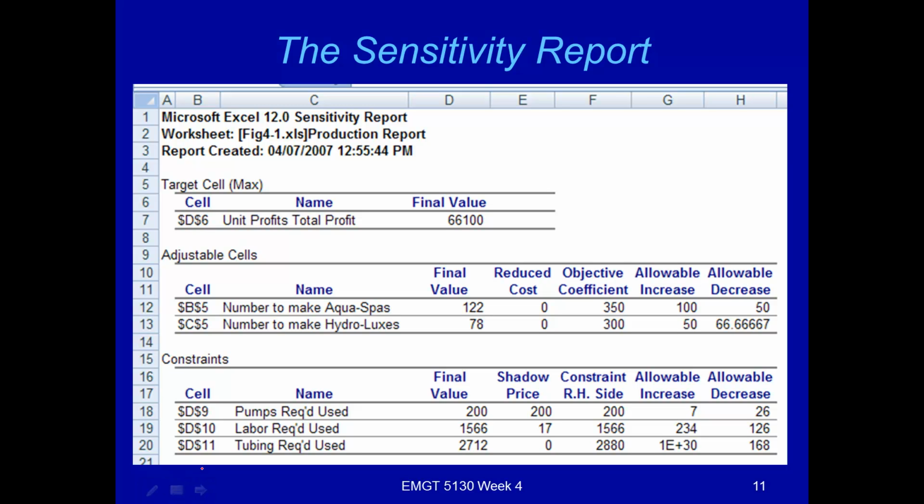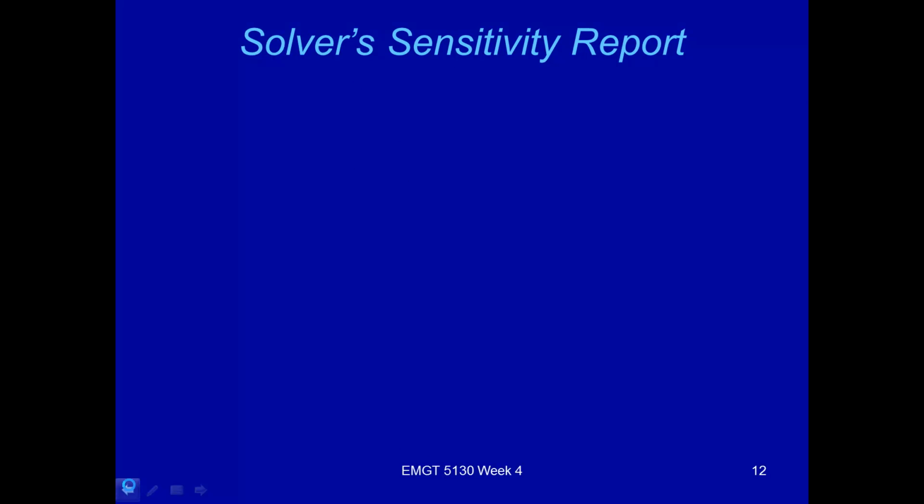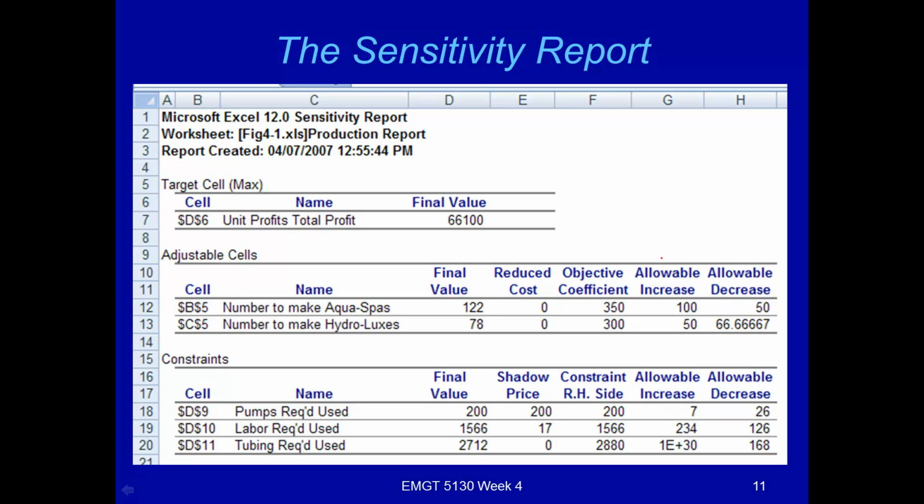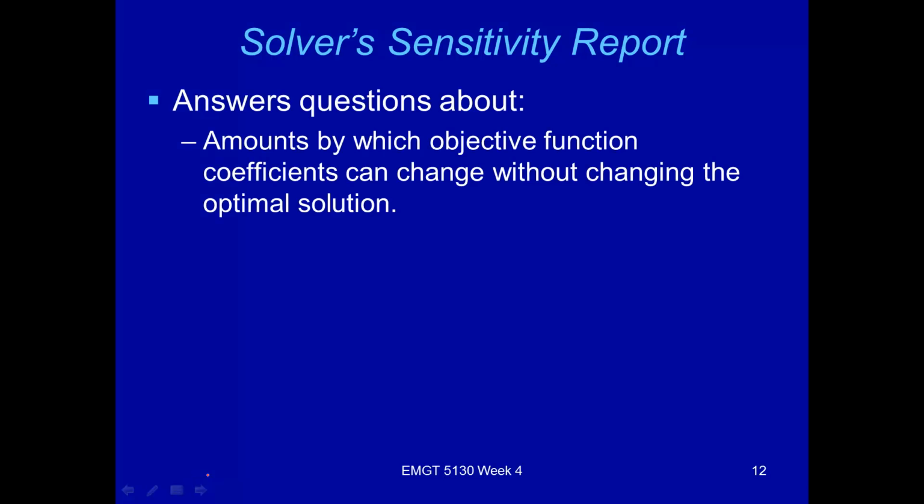Okay, so this sensitivity analysis report we're going to look at. This first part is the same as the answer report. It just tells you what the objective function value is. Then we'll look at this adjustable cell part and the constraint part. The questions the sensitivity analysis report answers: the amount by which the objective function coefficient can change without changing the optimal solution, which means the x1, x2 values.